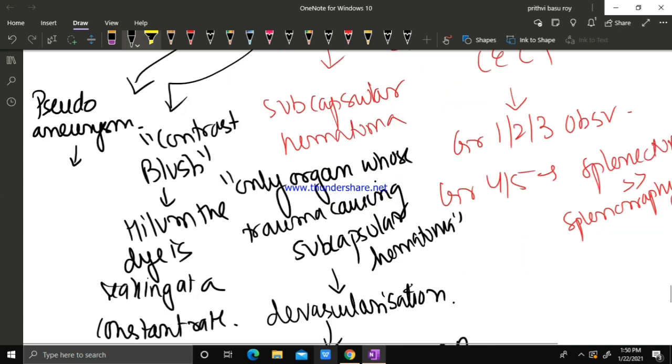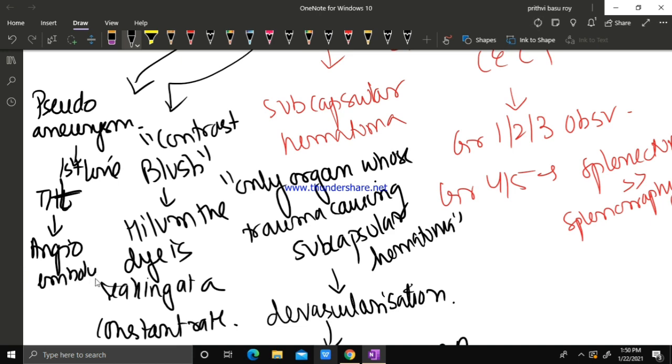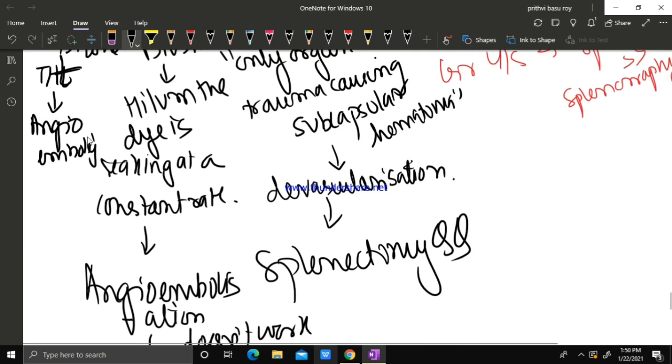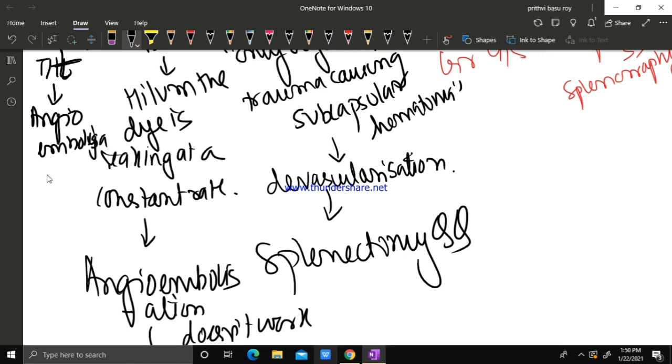The first line treatment, please remember, is angioembolization. It will prevent the vessel from bleeding or progressing to bleeding. Otherwise, the best treatment is splenectomy.